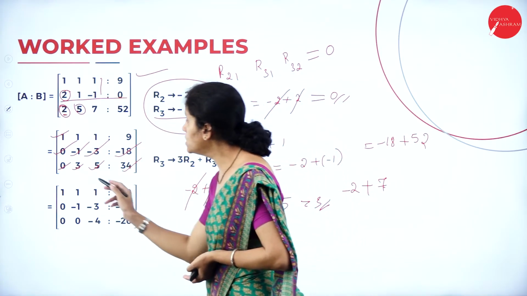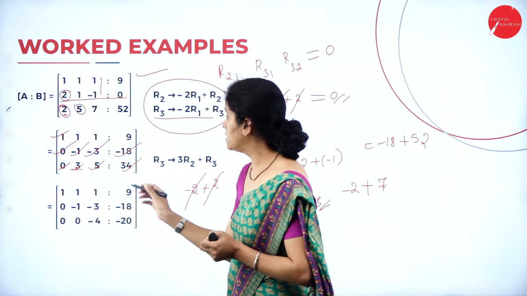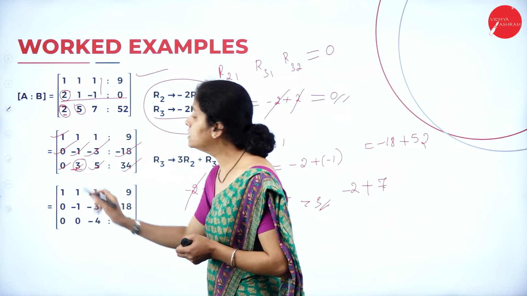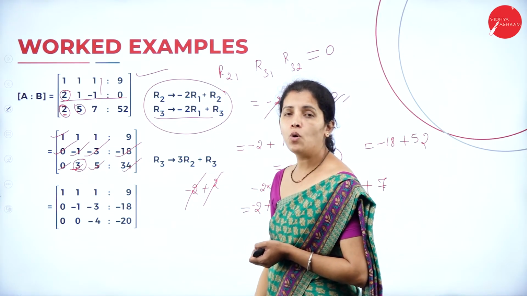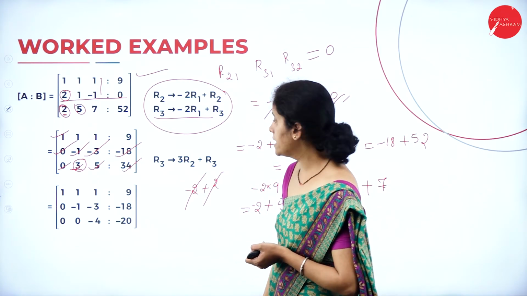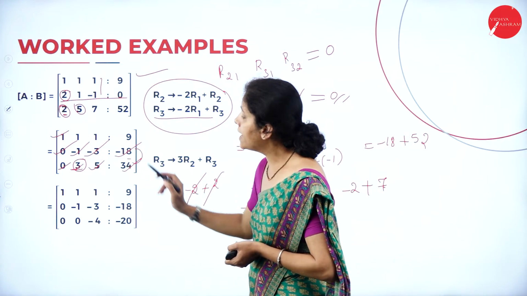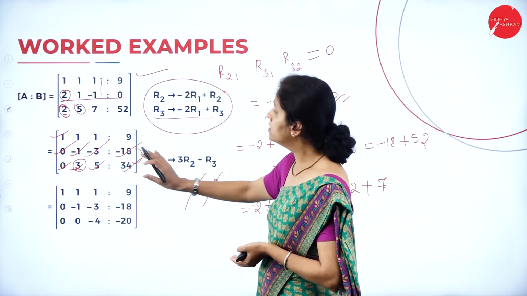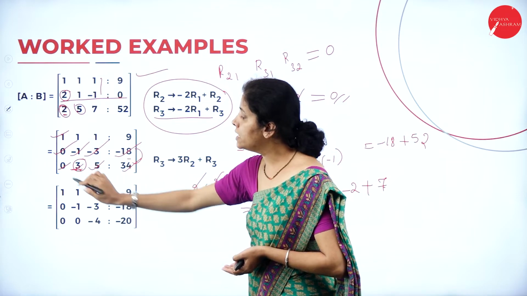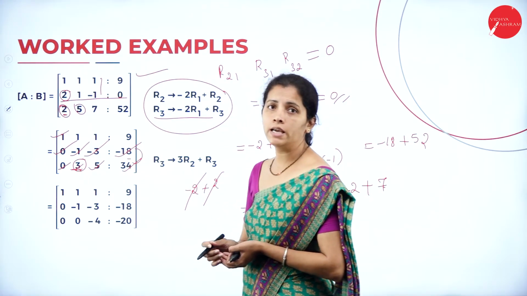Now, in my row 3, the second element, the next element, I want to make this element 0. So, what am I going to do? I am going to construct the formula once again. For this, I am going to consider row 2 and row 3.